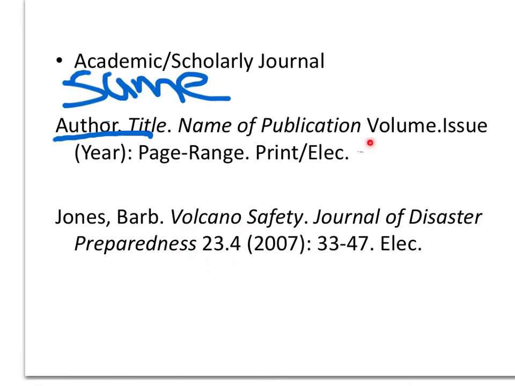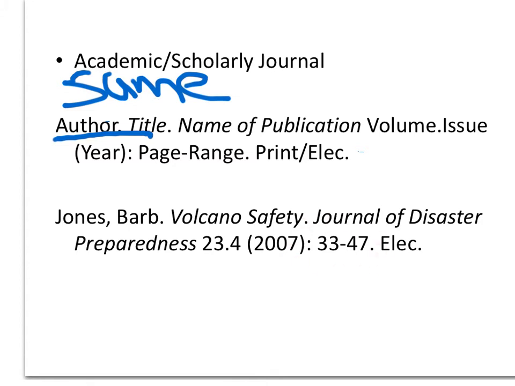There's a volume number and issue number. In parentheses, we need the year of publication, so year, followed by a colon, then the page range. The page range simply indicates what pages the article appears on.